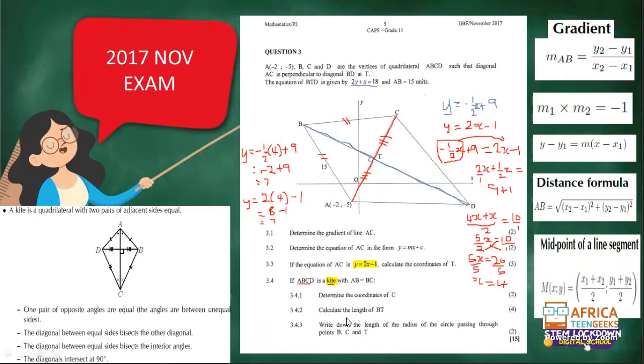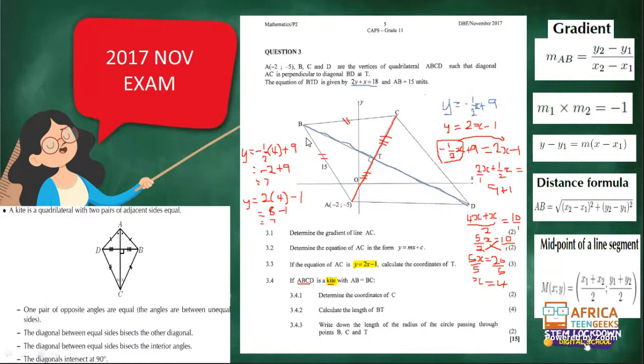And also, let's quickly look at point BT. Okay, so there's another equation that we can use. Remember, we can use the distance formula to find the length between 2 points, but there's another formula that we can use to find the length.